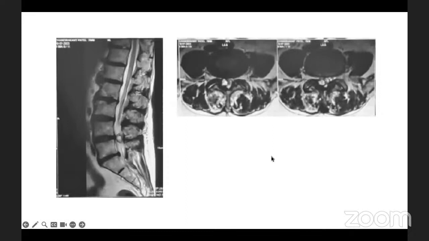The argument being that if you fix an arthritic segment, the chances of recurrence are lesser, and you have blocked that segment. So recurrence and stability are taken care of in one go. With the recent literature coming in, it's not a bad option to think of that.